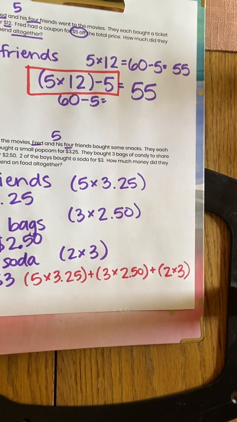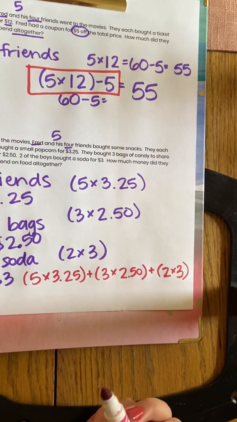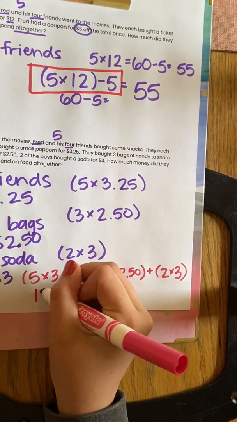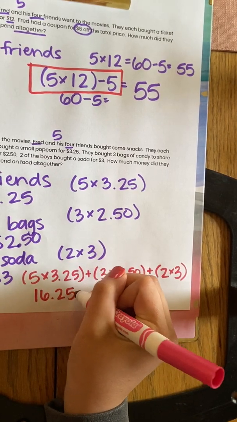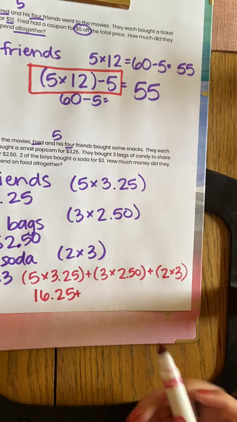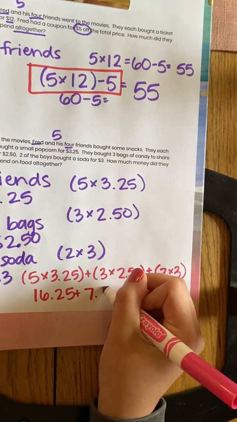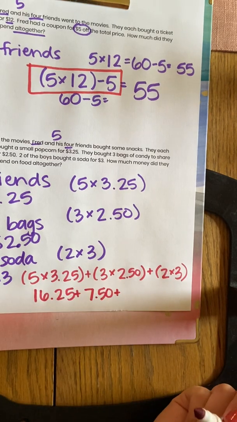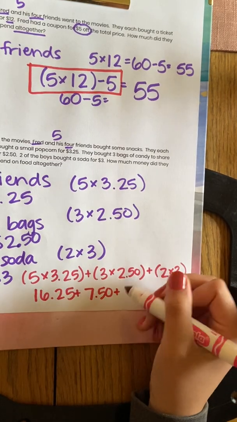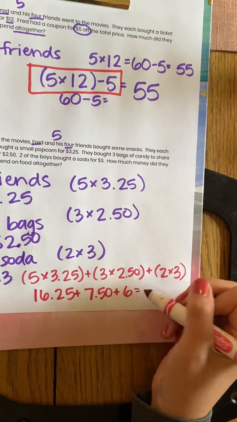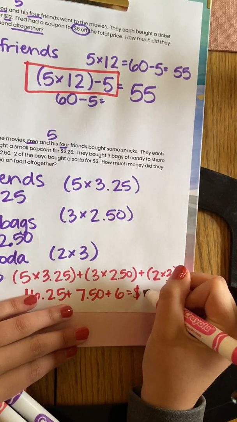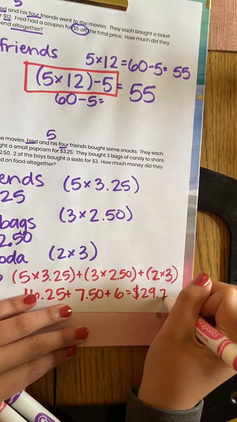So if I were to solve this, 5 times $3.25 is $16.25, plus 3 times $2.50, which is $7.50, plus 2 times 3, which we get 6. And if we were to add that all together, we'd get $29.75.